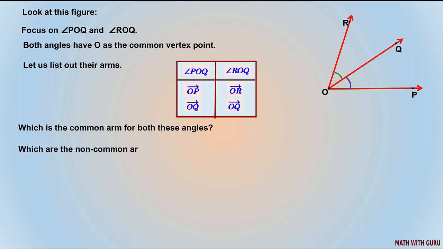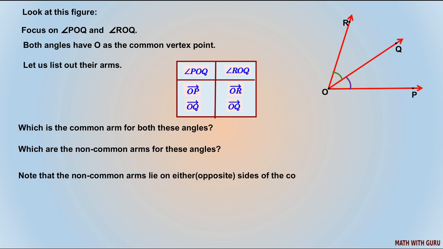Which are the non-common arms for these angles? OP and OR. Note that the non-common arms lie on either side, opposite sides of the common arm. Such angles are called adjacent angles.